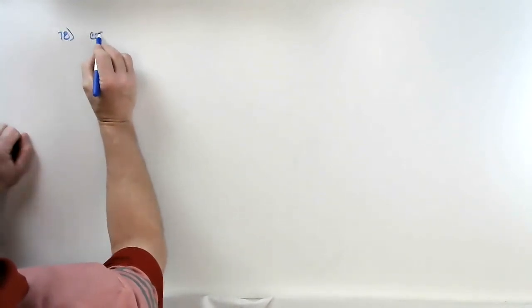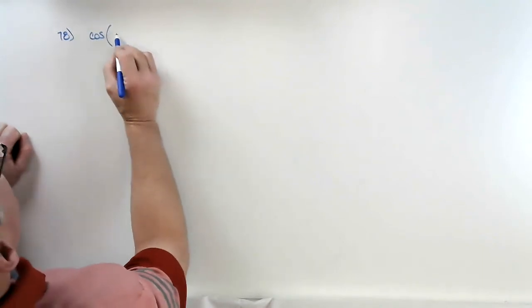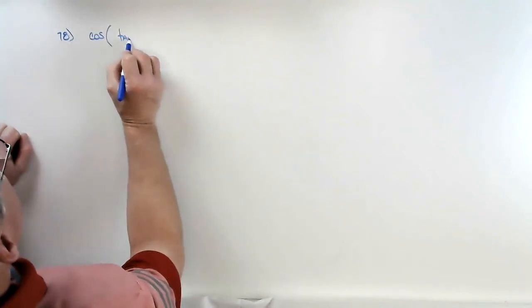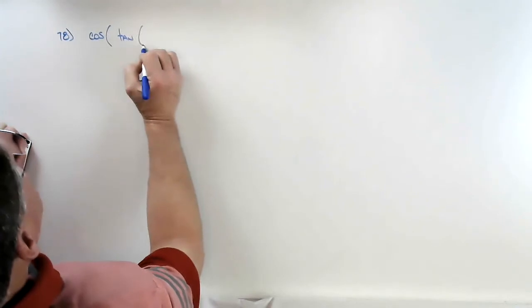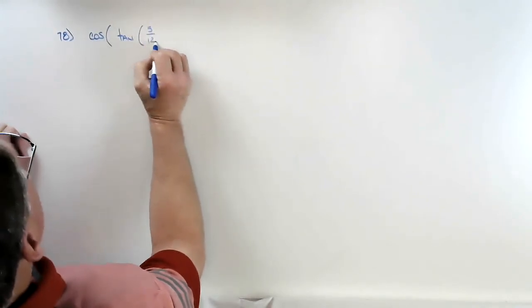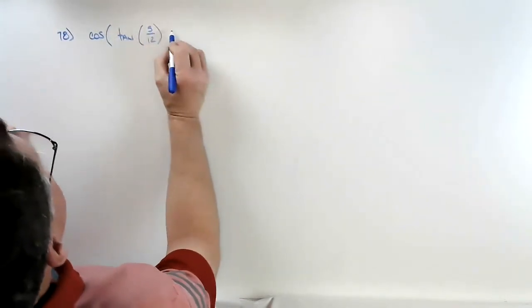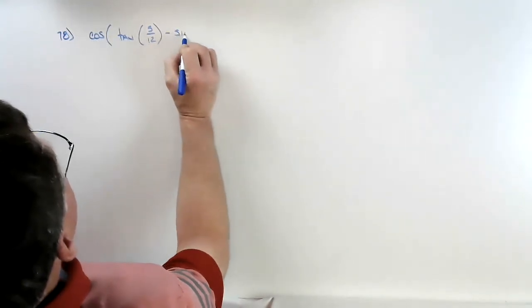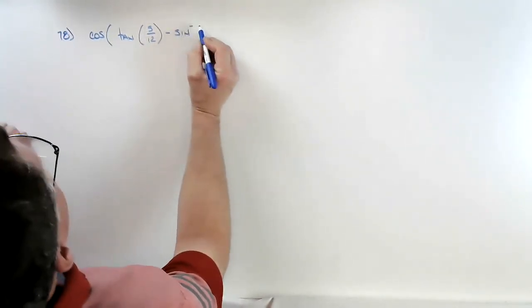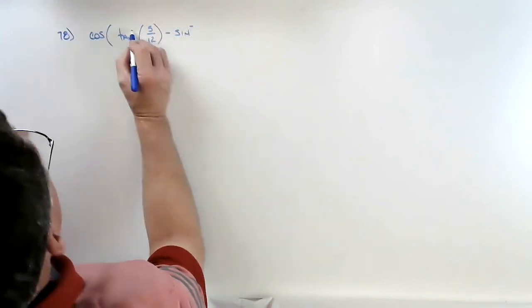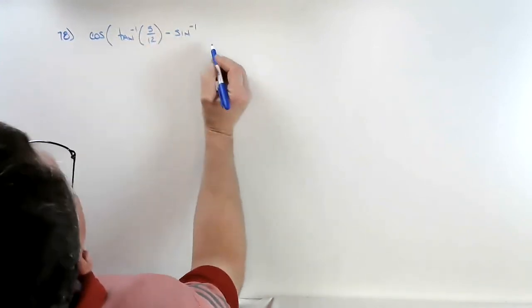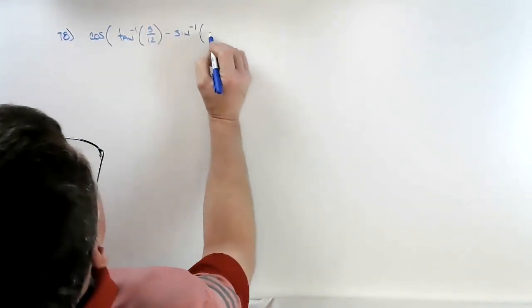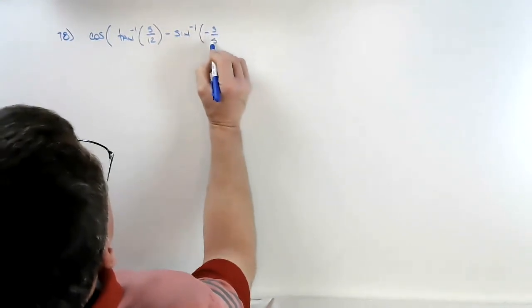They want us to find the cosine of the inverse tangent of 5/12 minus the inverse sine of -3/5.